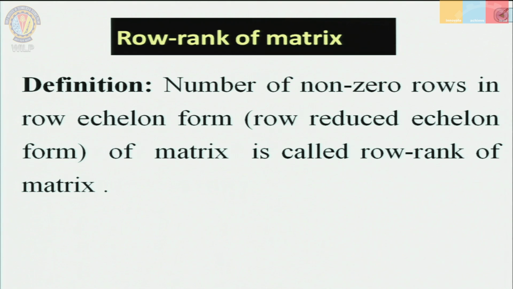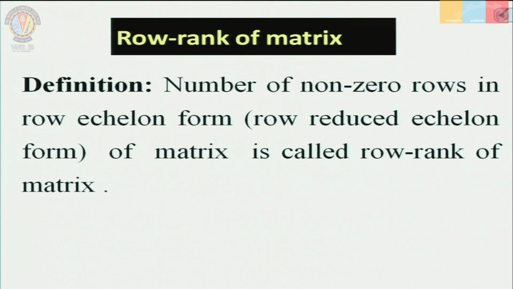Then transform the given matrix either into row echelon form or row reduced echelon form, using the three elementary row operations that we saw in the first lecture. I assume you should be able to convert any given matrix into row echelon form or row reduced echelon form.